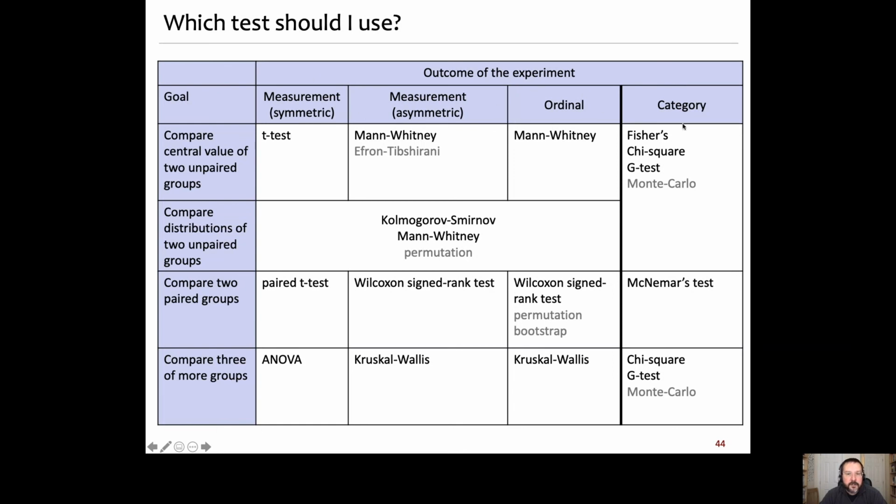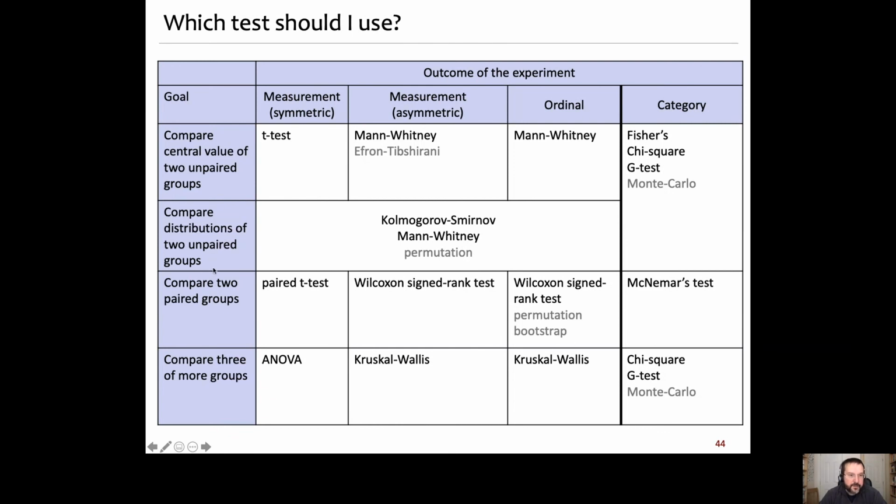It could be ordinal data or a categorical experiment. When you compare the central value of 2 unpaired groups, you should use a t-test when your data are roughly normal or at least symmetric. Otherwise, use the Mann-Whitney test, also for ordinal data. And of course, for categorical data, tests are quite different.